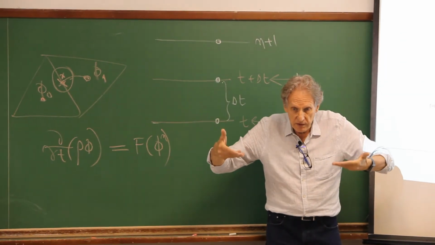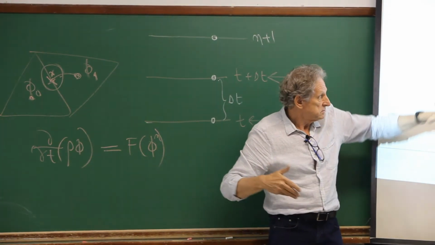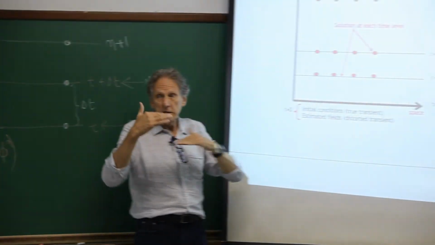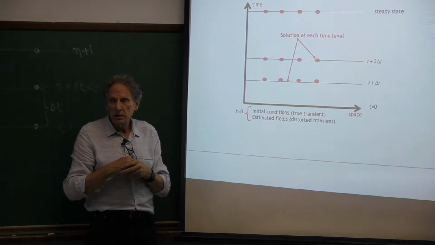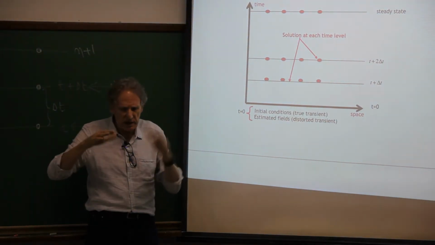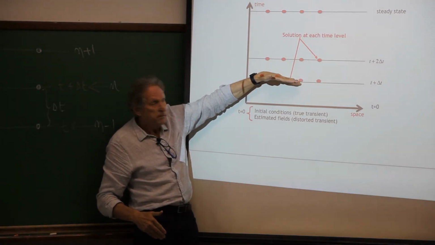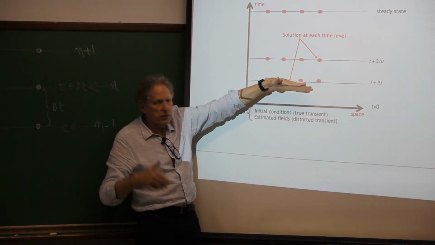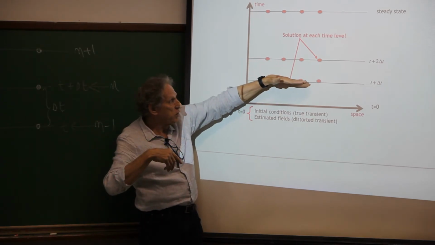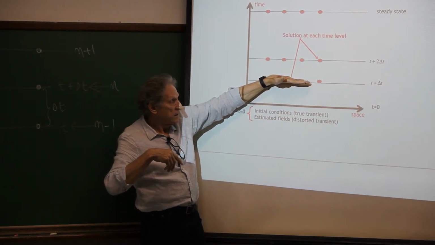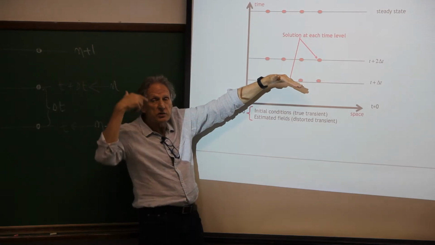And then I will evolve in time, calculating my solution, velocities, temperatures, and everything, in every time level. Doesn't matter if now is implicit, I will solve in this time level.